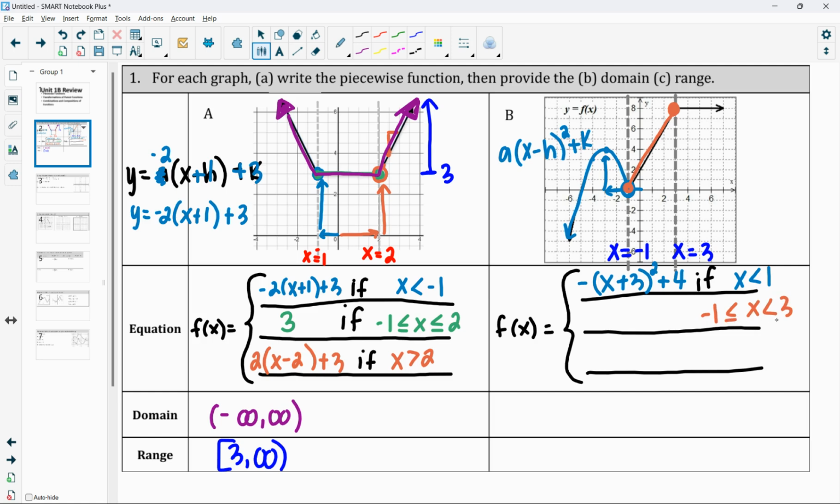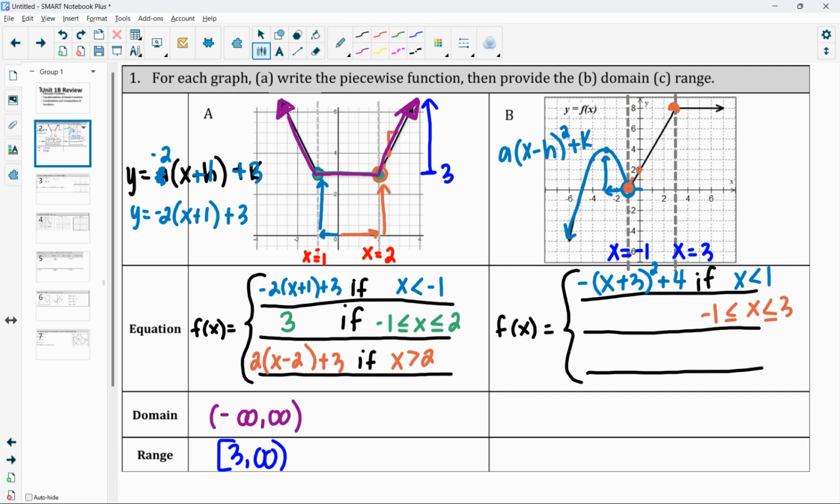And now I did closed circles on both of them, so I'll put an underline under the less than symbols. And this one's linear, so again, we can do the transformation form if we want to, or we can do slope-intercept. Since this one actually shows us the y-intercept, I'm just going to do slope-intercept form here, but you can certainly do transformation form.